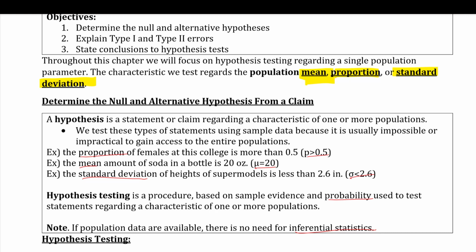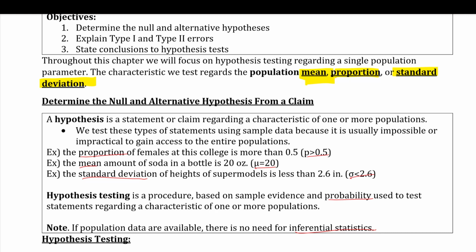Because if you have all the population data, then there's no variation in what the proportion is or the mean is or the standard deviation is, because you would just calculate it from the data, and there's no wiggle room there, right? There's no doubt what the value is. There's only doubt when you don't have access to all the population data, but instead you're sampling from the population.